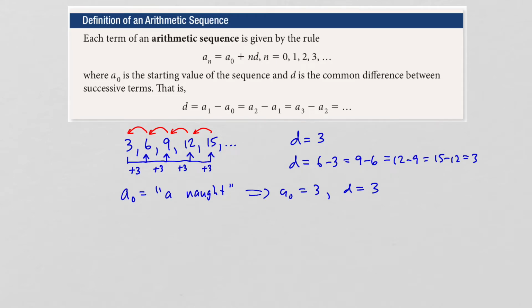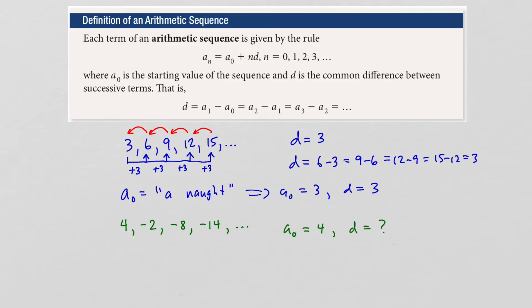Let's take a look at a second example. Suppose I give you the terms 4, -2, -8, -14, and so on. This is also an arithmetic sequence. You can see the first term of the sequence, a sub 0, is 4. And what is the common difference? Well, to get the common difference, you can think of that two different ways.